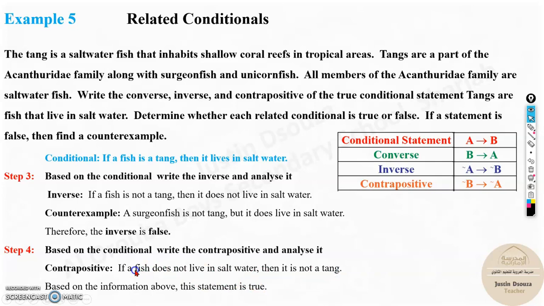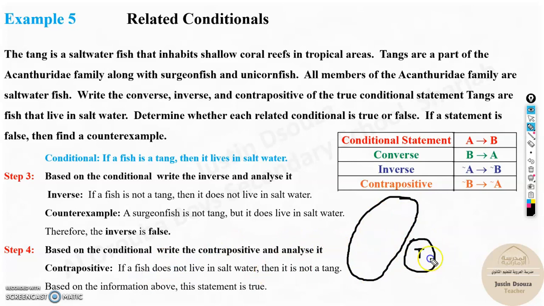Why? Let's analyze this first, the hypothesis. If a fish does not live in salt water, that means it is freshwater, then it is not a tang, because tangs can only live in salt water. Now imagine this is salt water and this is fresh water. Tangs are only over here because they are saltwater fish.